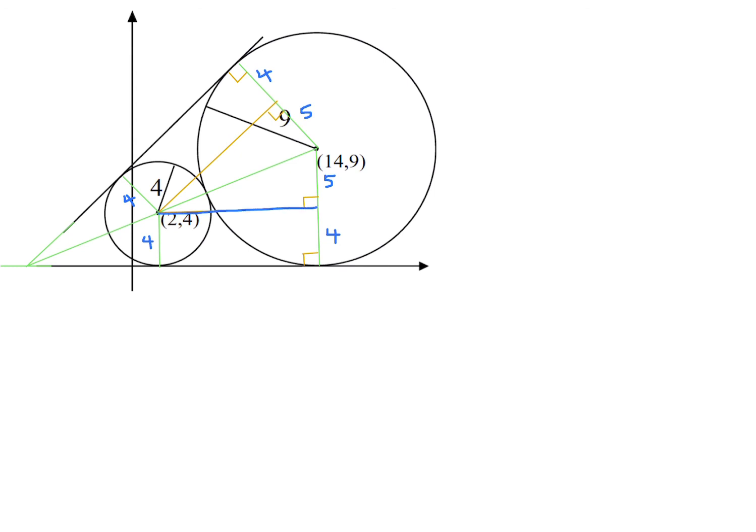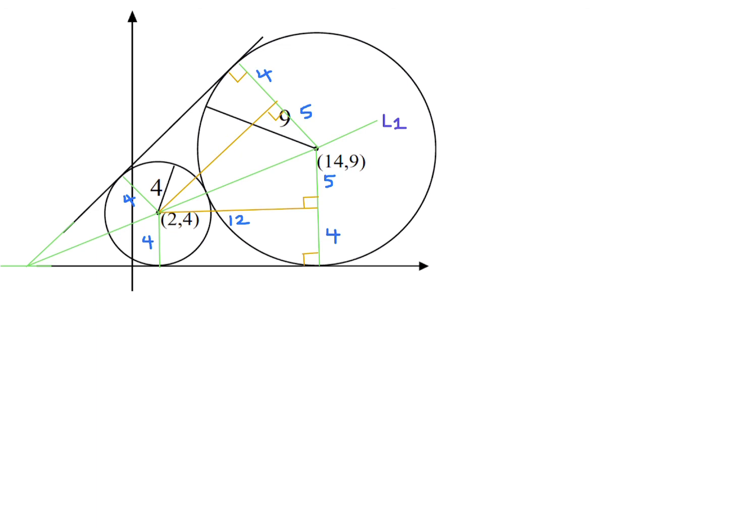This distance right here we can get easily from the fact that we know the x-coordinates are 14 and 2. So 14 minus 2, which is 12, is that distance right there. So this line right here is what I want to concentrate on first. I will call that L1. All right?